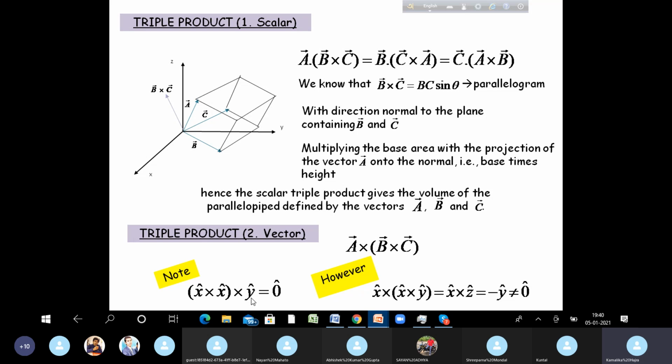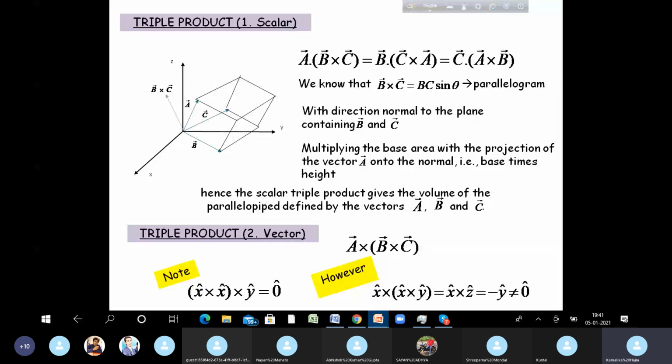Both have the same vectors x, x and y, but just the position of the bracket changes the result. In the first case it is 0, but in the second case it is nonzero. All right, so that more or less covers the forms of vector multiplication that you need to do.